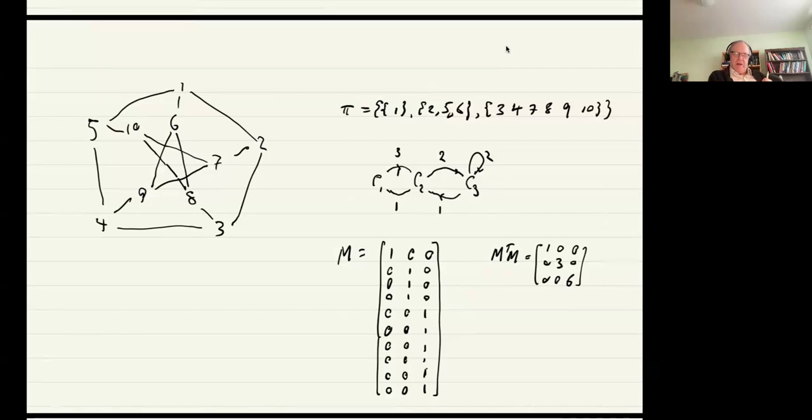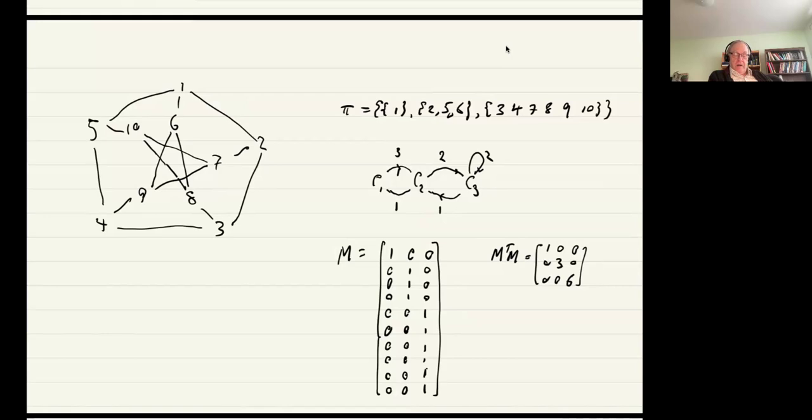For each cell, I get a vector of length the number of vertices of the graph, and I can arrange those vectors as the columns of a 0-1 matrix, with the number of vertices of the graph as rows and the number of cells of the partition as columns. I've done that in this case.